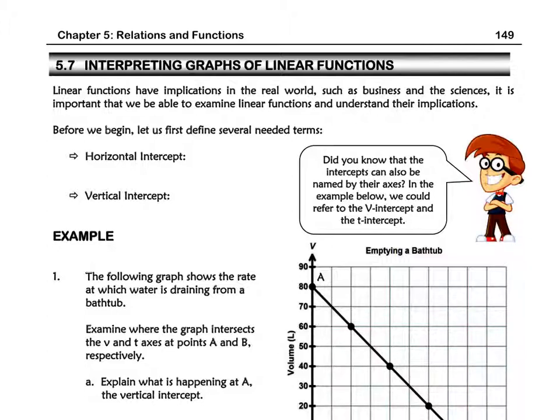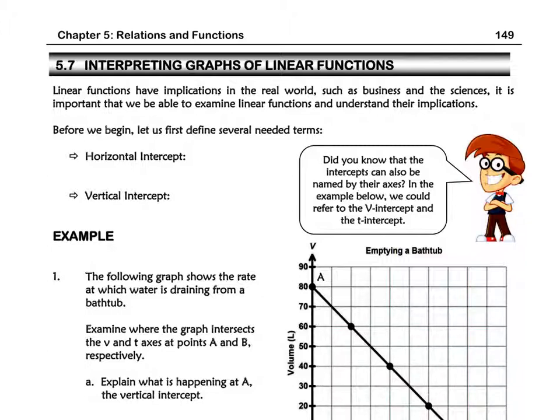The vertical intercept, similarly, is the place where the graph crosses the vertical axis, or your y-intercept. It's often called that because the vertical axis is often labeled the y-axis, but again, that could be something different depending on the dependent variable used.